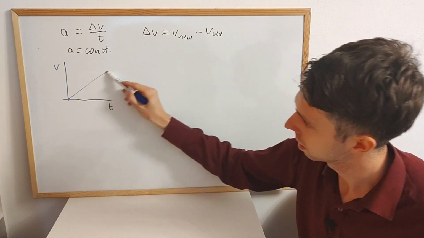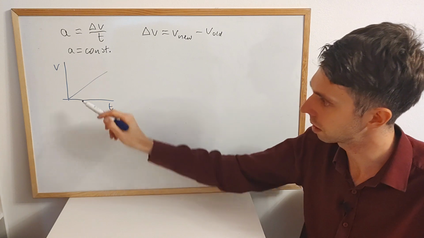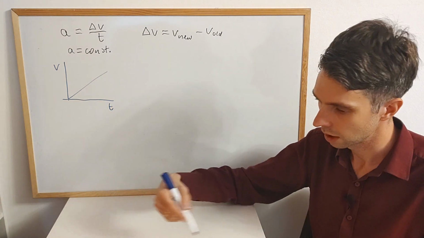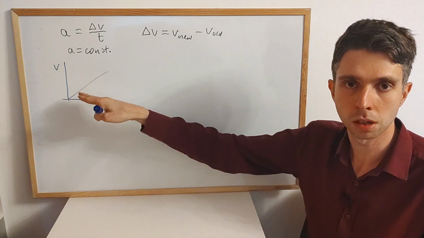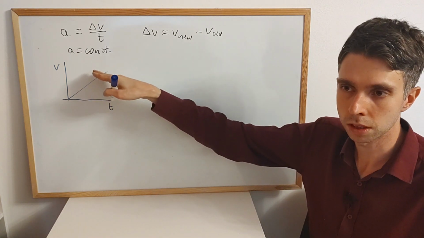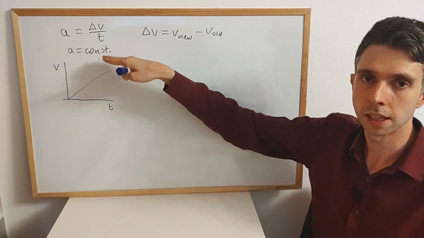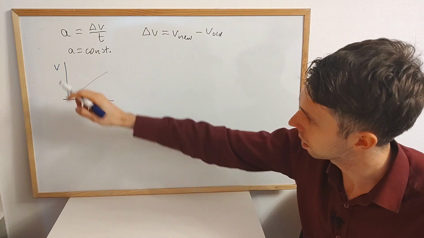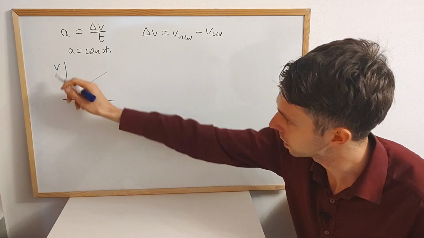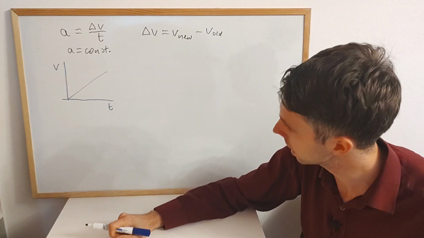Okay, so the graph looks like this, because for example, after 1 second your speed increases from 0 to 2, after another second from 2 to 4, then from 4 to 6, and so on. Okay, so this is how the graph speed versus time looks like.